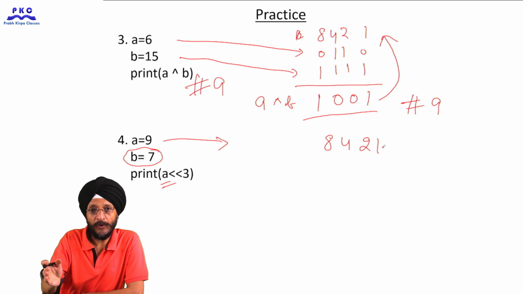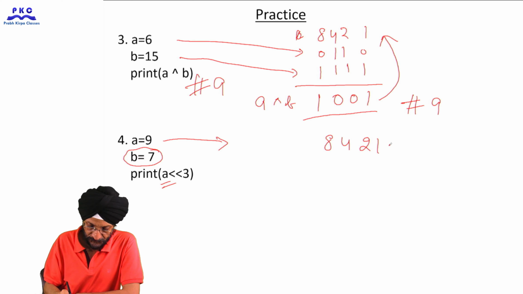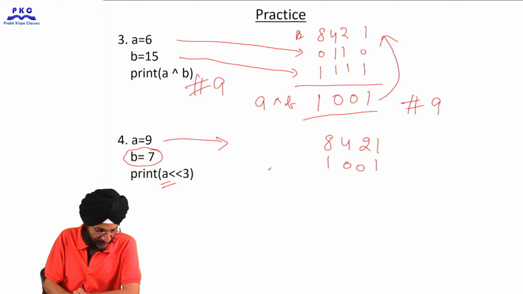So 9 is 8 plus 1. This is the binary of A.